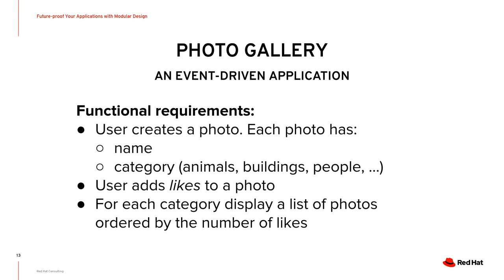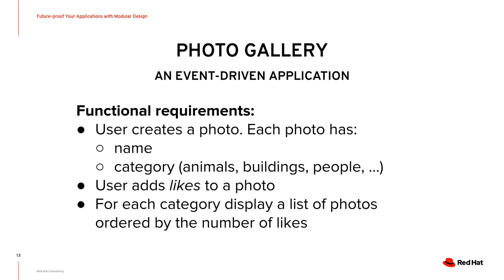When the user is browsing the photo gallery, there is a button displayed next to each photo, which allows the user to add likes to a photo which he finds interesting. So we are counting the number of likes per photo. We also allow users to formulate more complicated queries. For example, users may be interested to know what are the most popular photos in each category.